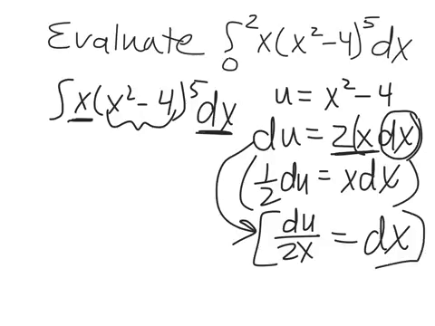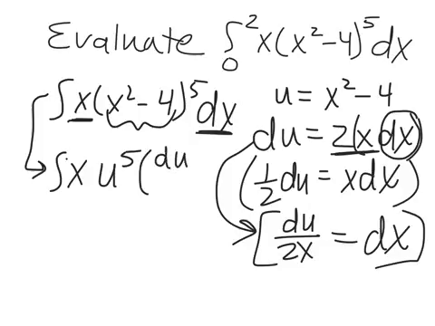So in this technique we can use a more direct substitution, and then when we get to this part, x squared minus 4, we'll use that as the u, so it would be u to the 5th, and then we'd have du over 2x, and then what do we end up with?